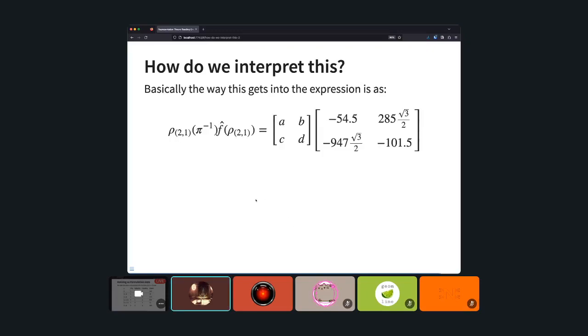And the way you do this is, in the inversion formula, this A, B, C, D is going to be the irreducible representation for pi inverse, and then you take the trace of this. What is really going to happen here is that you get the first row AB dotted with the first column, and so you're going to get negative 947 square root 3 over 2 times B. And you're like, okay, so B, what?